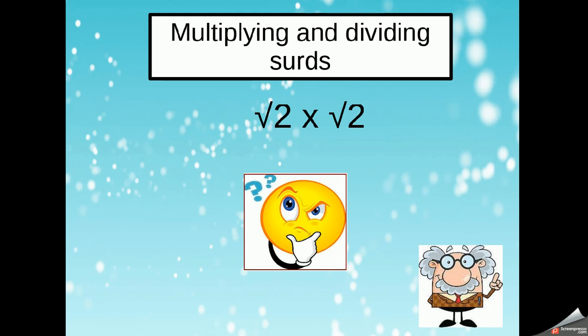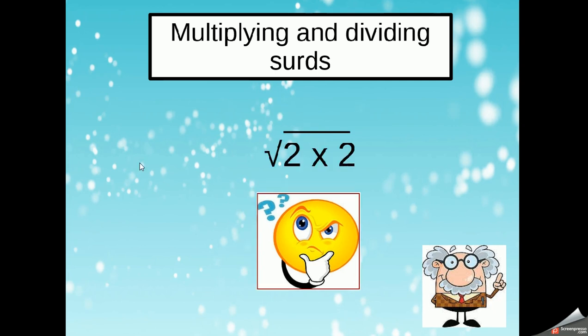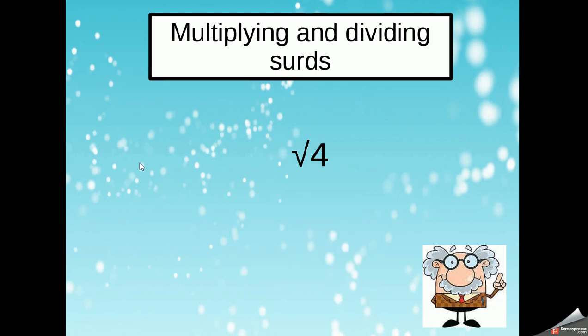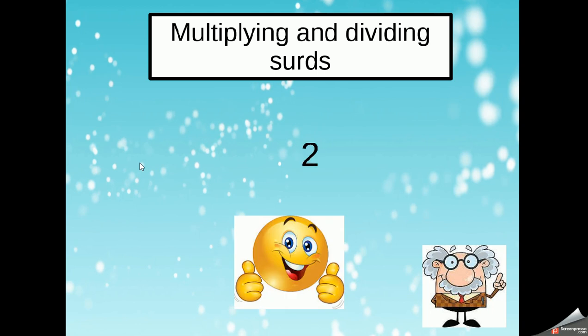Even if you can't work out the root of the number, so in this case you can't do the root of 2 in your head, it doesn't matter, because if you multiply the root of 2 by itself, the answer will simply be 2. So the root of 2 times the root of 2 will give us 2. Now you notice a second ago I put down the root of 4.